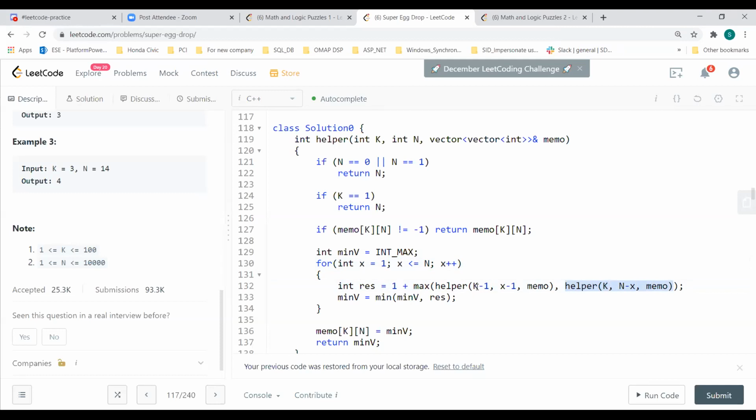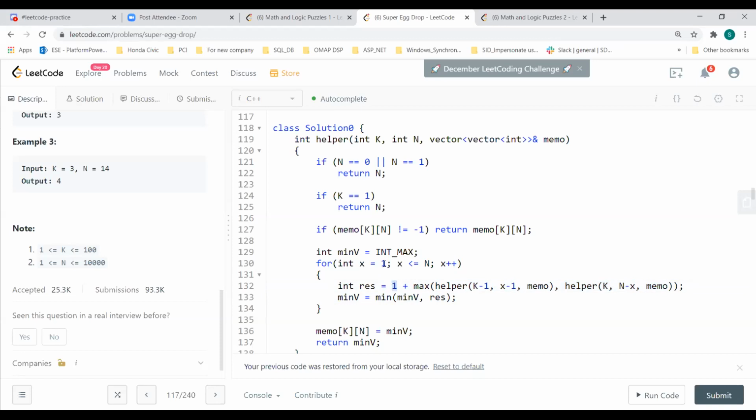And in this case, you know that you have already dropped an egg which has broken, so you have an egg less, k minus 1. And also you have to check for floors below, x minus 1. Then whatever the maximum value you get from these two functions, you add 1 to it, because that is the current floor you are on.